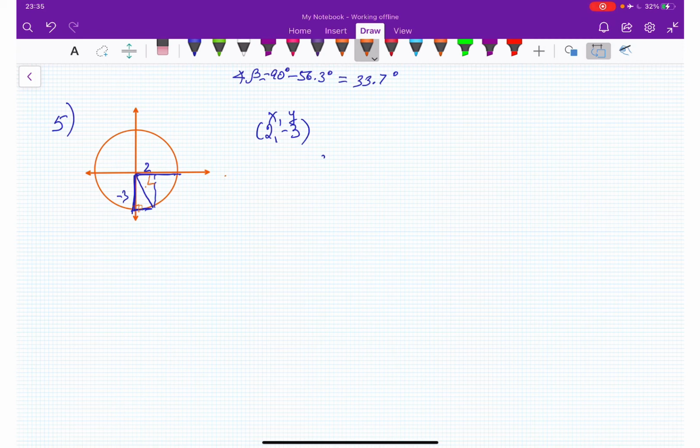And what do we have? Our angle that is going to create the terminal side with standard position, it's going to be this one, let's say. Okay, this is going to be my theta, this angle. Now, first of all, we have one leg is 2, another leg is negative 3. So we need also the hypotenuse, right?